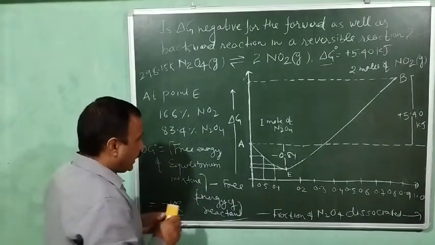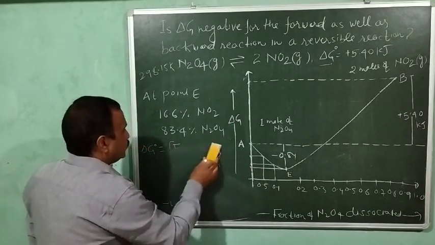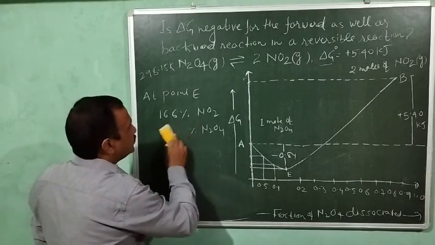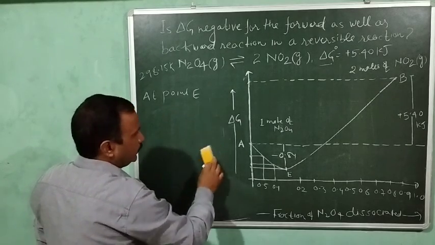Okay, and we can also explain it by giving some imaginary values here at point E.